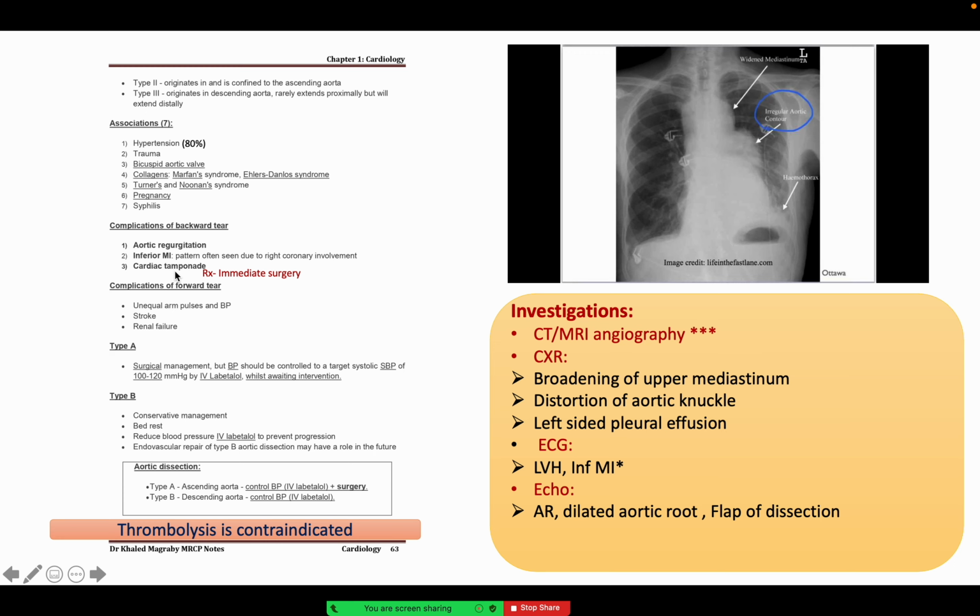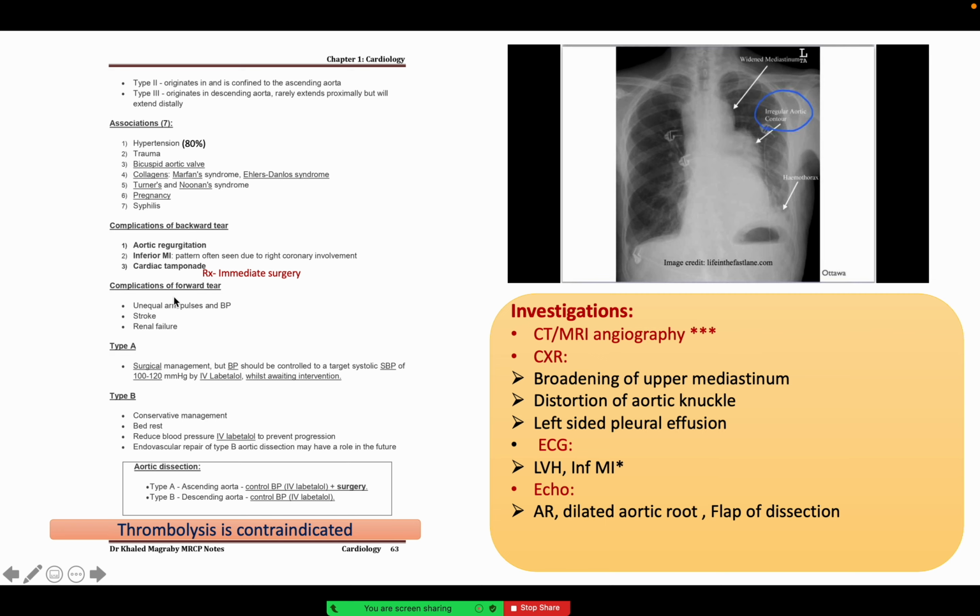If the blood is displaced from the blood vessels into the pericardial sac, this will cause cardiac tamponade. And if cardiac tamponade occurs, you have to treat this patient very rapidly with immediate surgery. Without surgery, the patient may die. Okay, so always think about the complications of this disease.